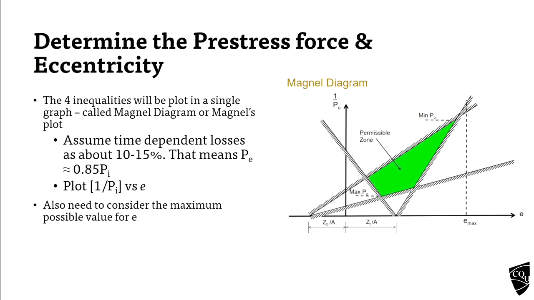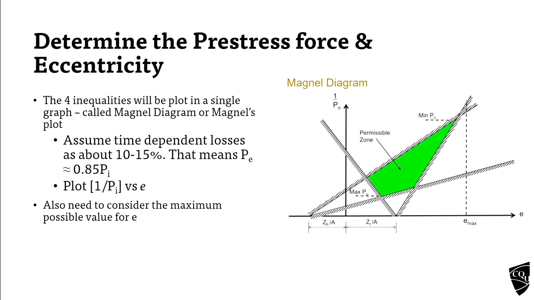What does section property mean? You should know the cross section area of the section. It can be a rectangle or I section, whatever. You should be given the cross section area and second moment of area, so that you should be able to draw the Magnel diagram.